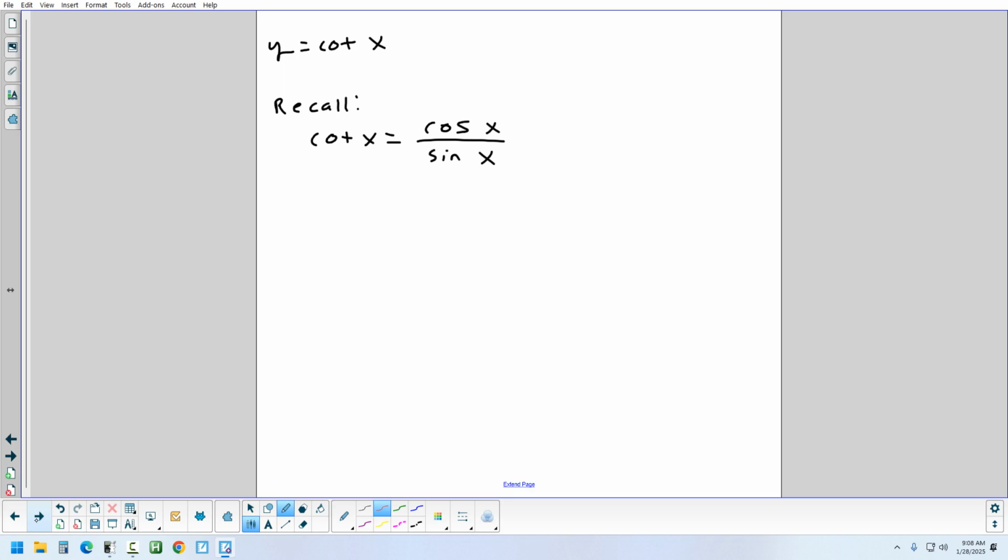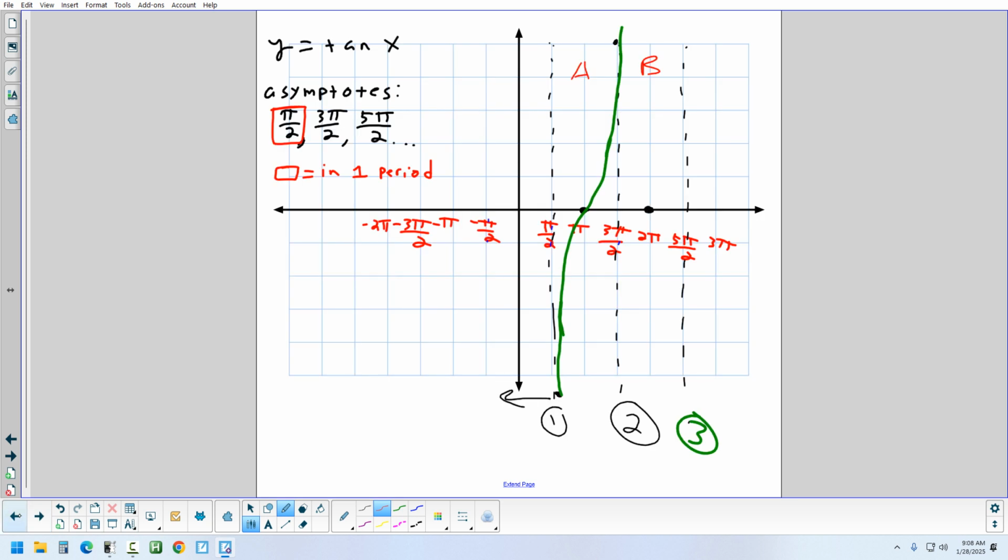So basically, what's going to happen with cotangent? Everywhere that you had an asymptote in tangent is going to turn into a what in cotangent? All your asymptotes from tangent are going to turn into zeros in cotangent.